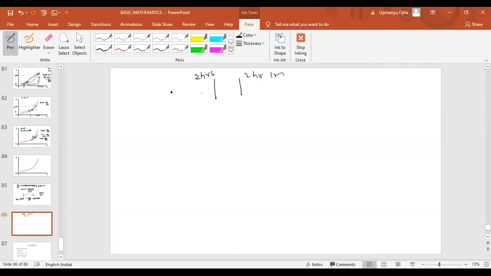Like if I say that after 2 hours and 2 hours 1 minute, the vehicle has covered a distance of 900 meter. Means after 2 hours starting from Trichy, and after 2 hours 1 minute, the distance covered by the vehicle is 900 meter.